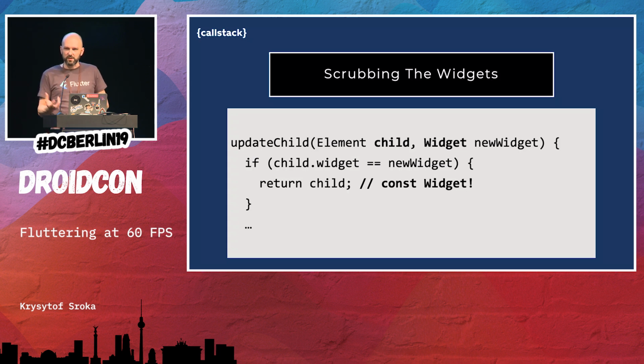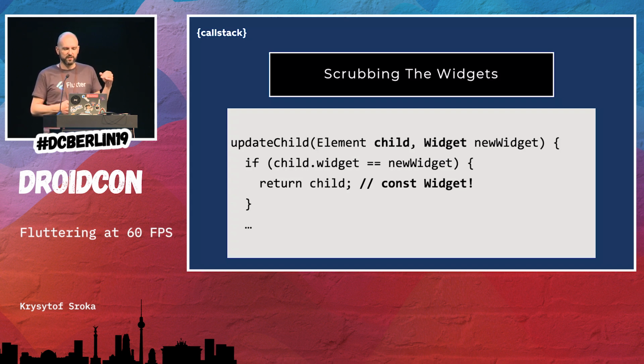It takes an existing element that it mounted, and when we try to associate it with a new widget, or we update the widget, it will compare the element's association with the widget to the new thing.